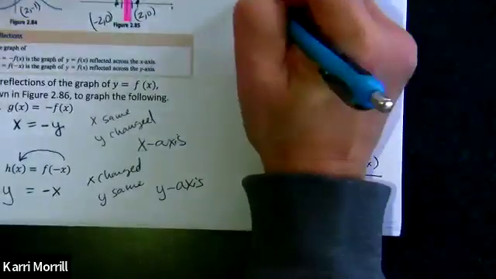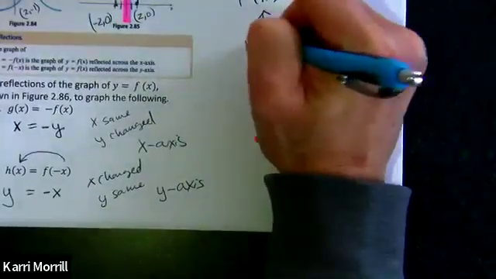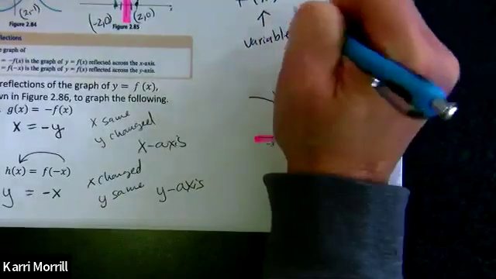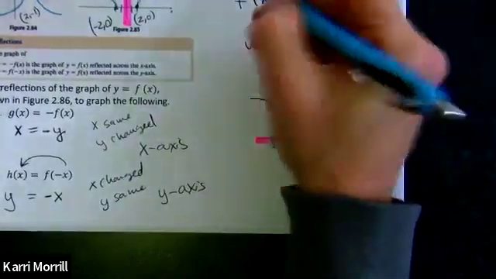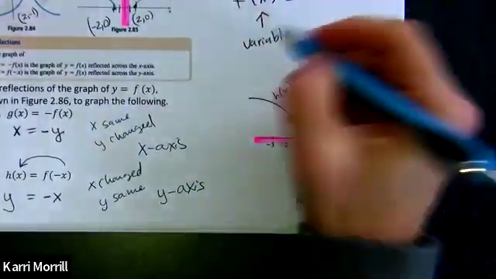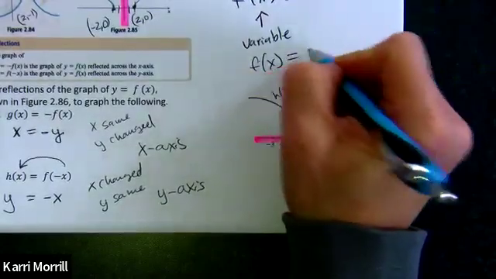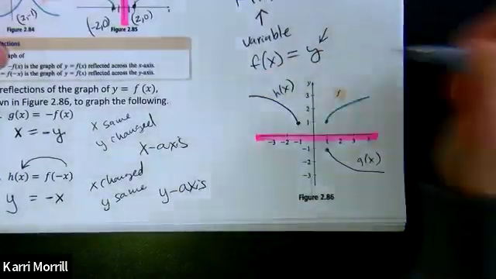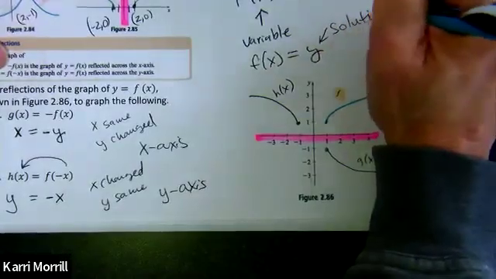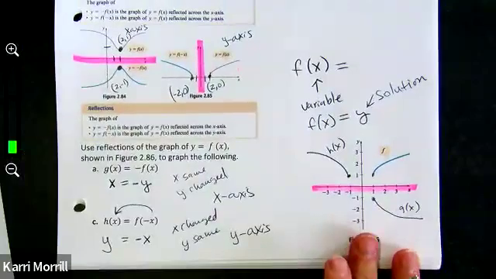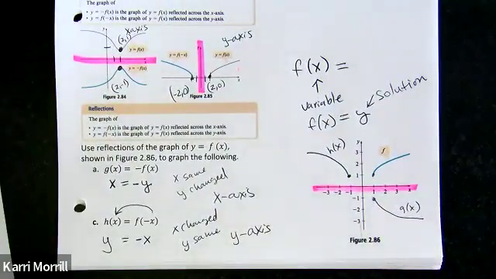So I always try really hard to say, when we say function of x, that's your variable, and the whole statement itself, function of x, is meaning a y, which is your solution. That helps a lot when you're trying to figure out what's really changing, the x or the y.